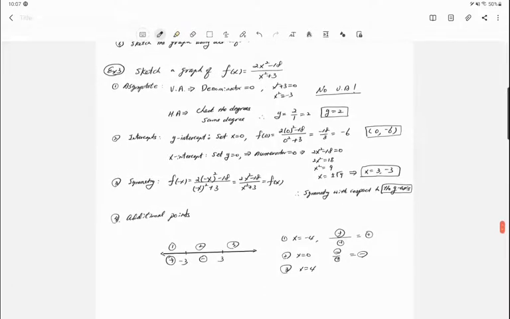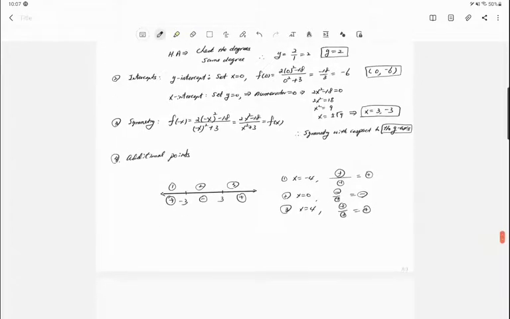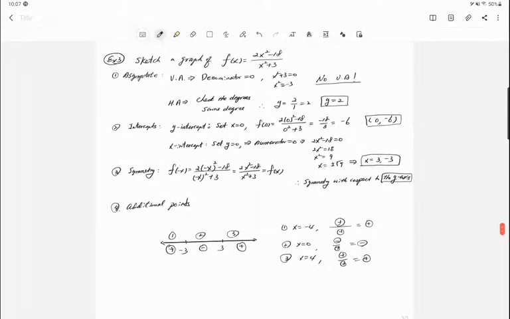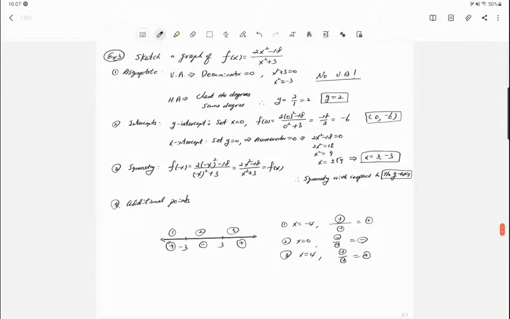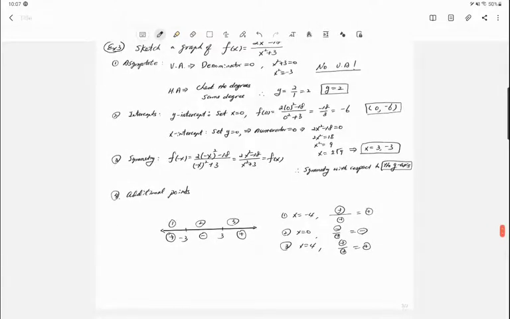Let's try x equals 4. The numerator is positive, the denominator is positive, so it's positive. All right, then let's graph it. Number 5.